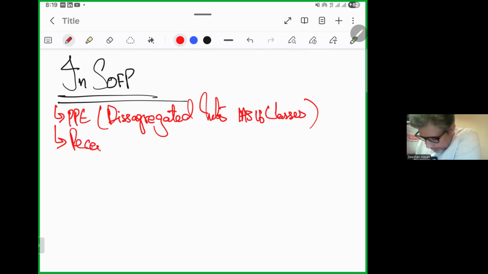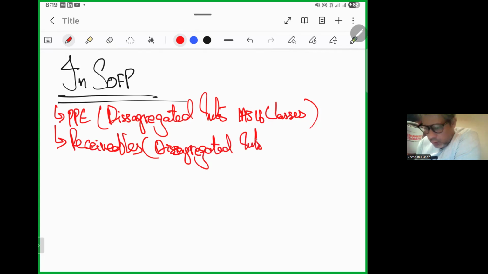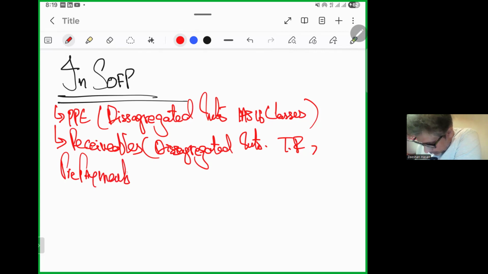Receivables are disaggregated into trade receivables, prepayments, and other incomes.